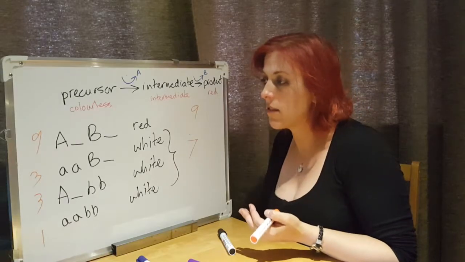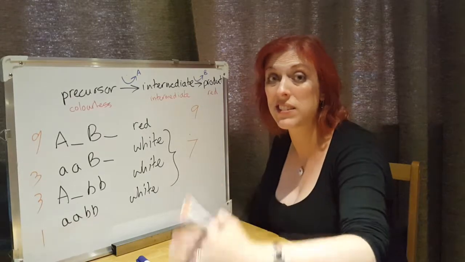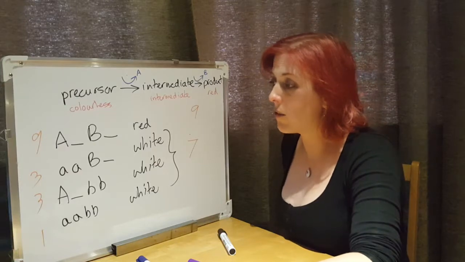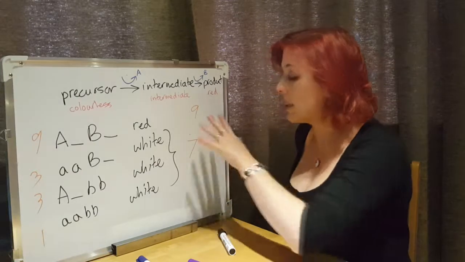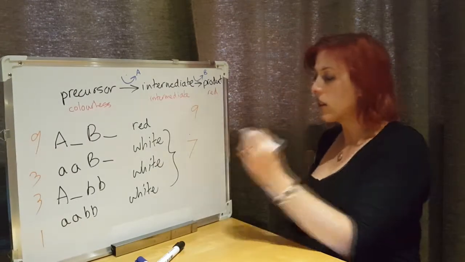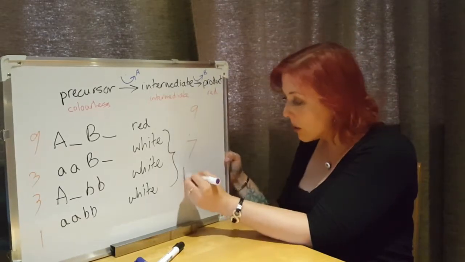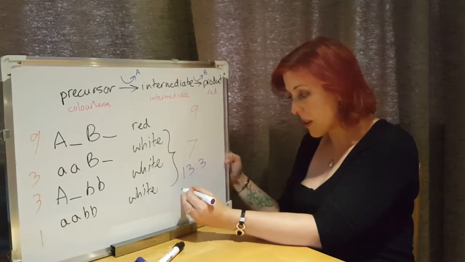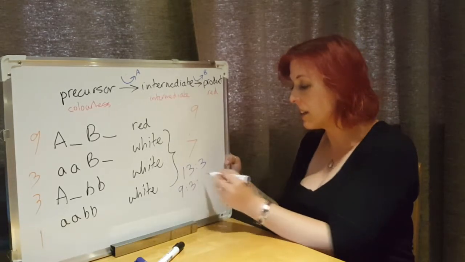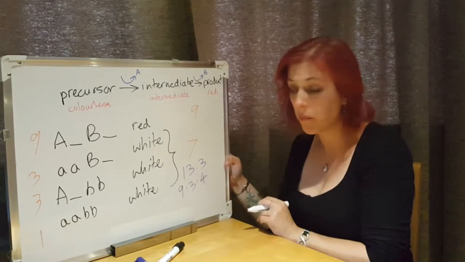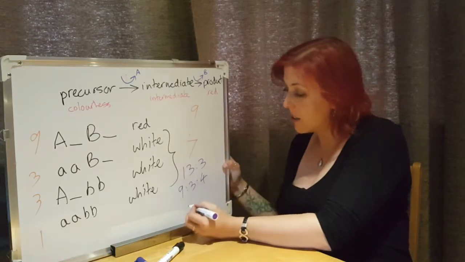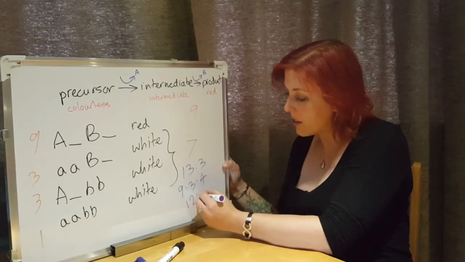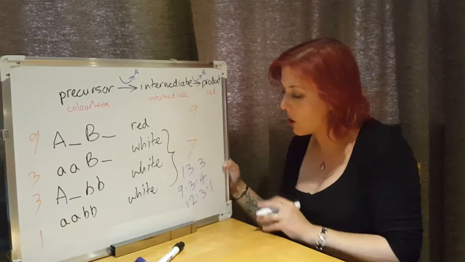There are other Mendelian ratios that show different types of epistasis. A few of these that you should remember, as well as 9 to 7, you should be able to recall 13 to 3. We occasionally have 9 to 3 to 4. And you will occasionally see 12 to 3 to 1.